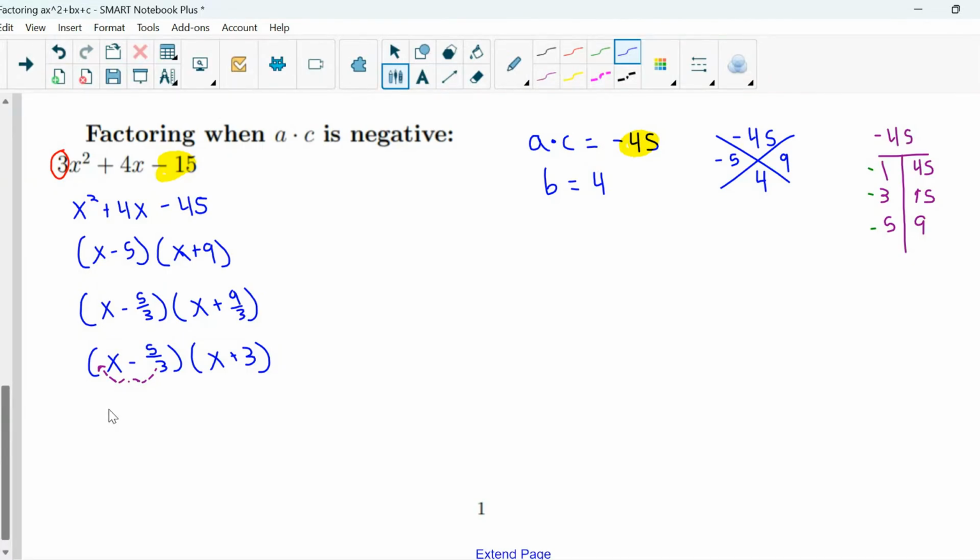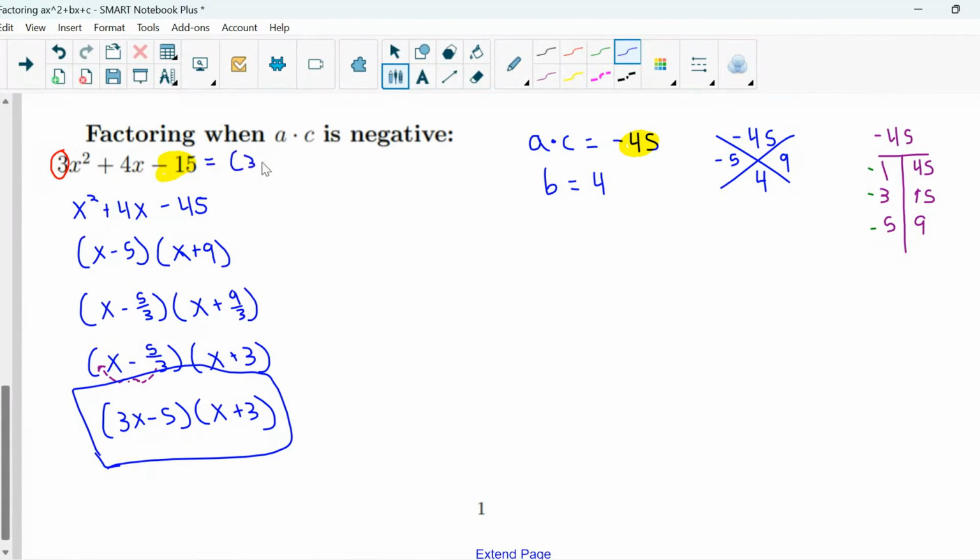So I'll rewrite this as 3x minus 5 times x plus 3. And that right there is my final answer. So if we wanted to write it out, 3x minus 5, x plus 3. All right, and that is the hole-in method.